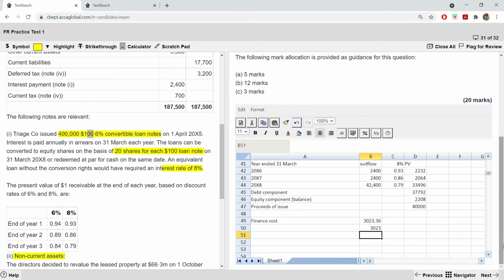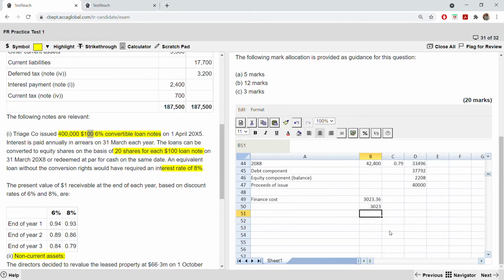So the carrying amount of the loan note at 31st March 2006, okay? So the next, write it down. You can just highlight it or bold it, whatever number you need later, because you will definitely be copy pasting it, right? So make it bold or highlight it. Carrying amount of the loan note.